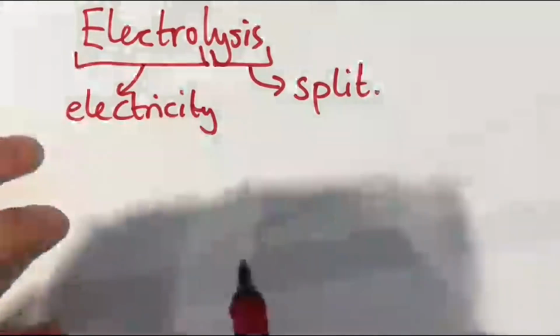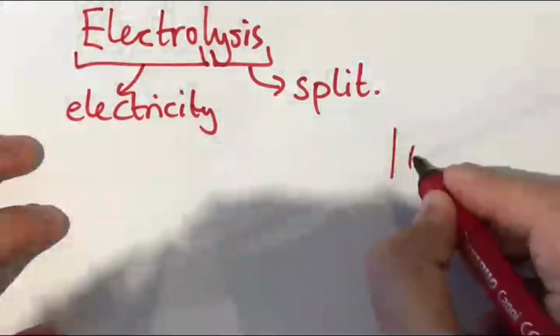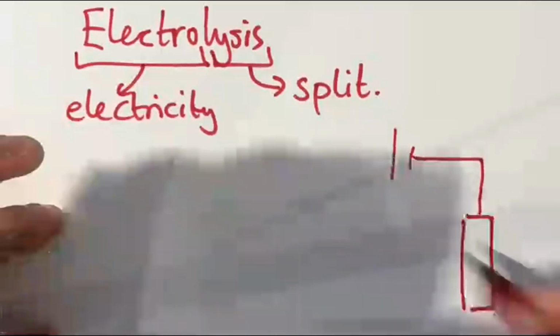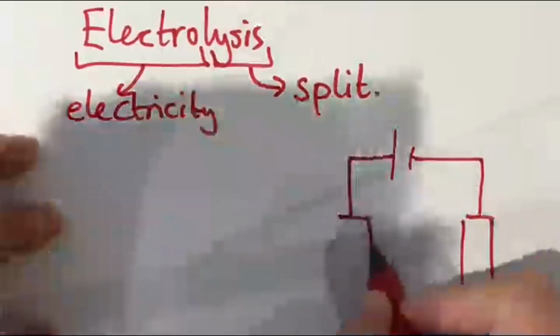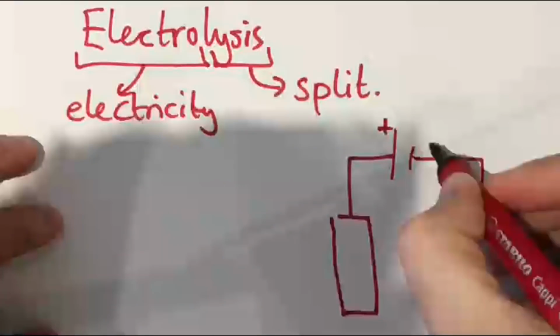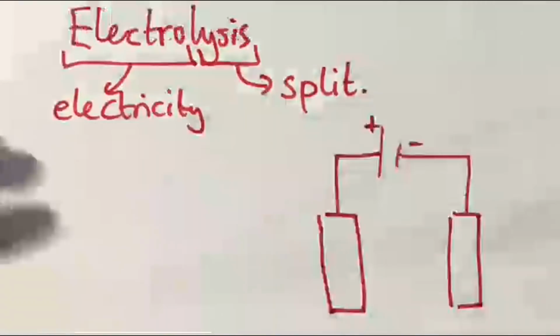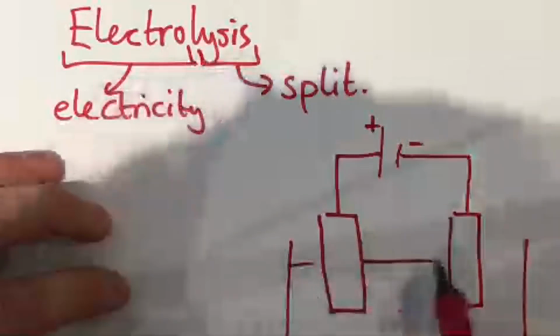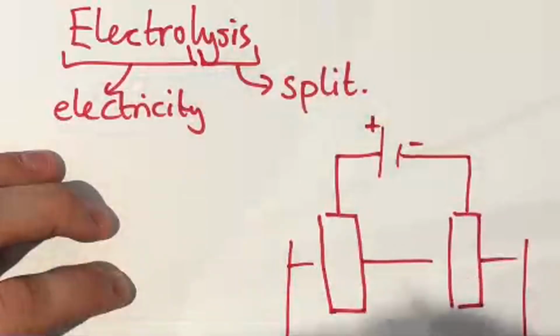And what you do is you have an electric circuit going to two electrodes. Now, in a circuit, it needs to flow through something. So that usually flows through a substance which we call an electrolyte.